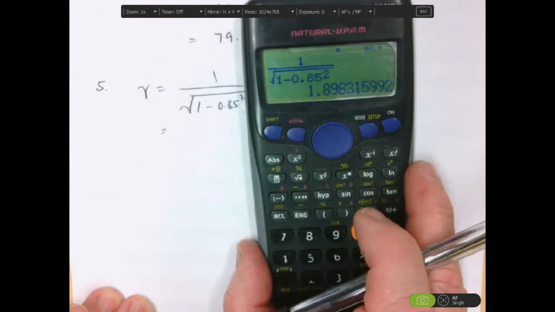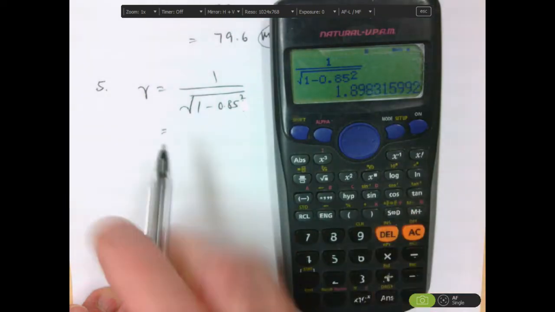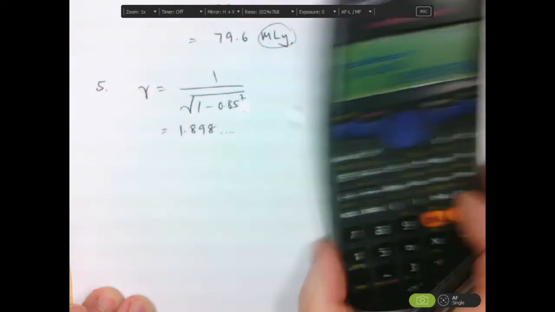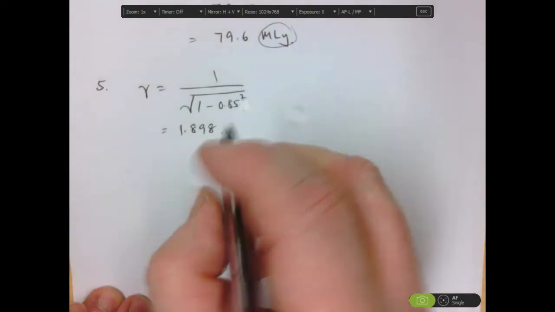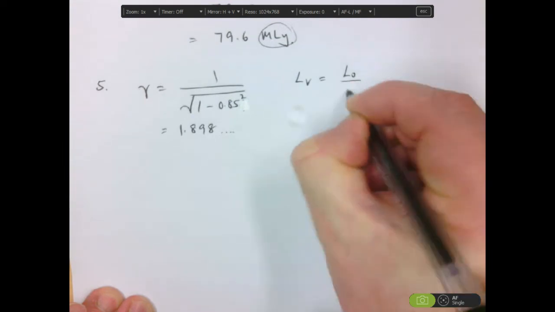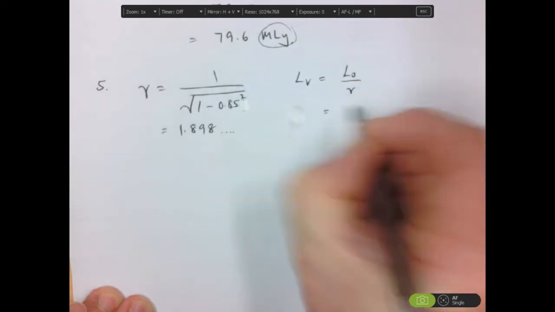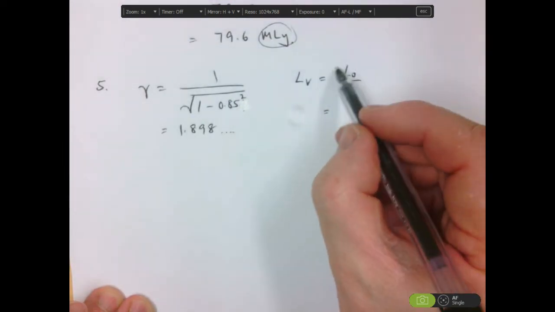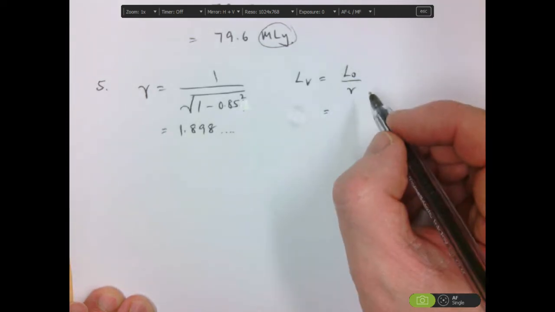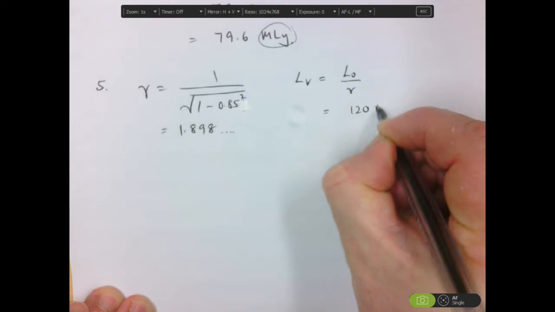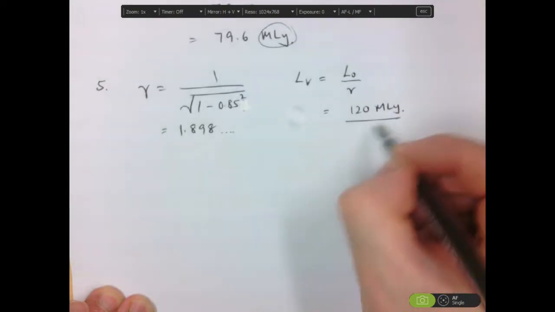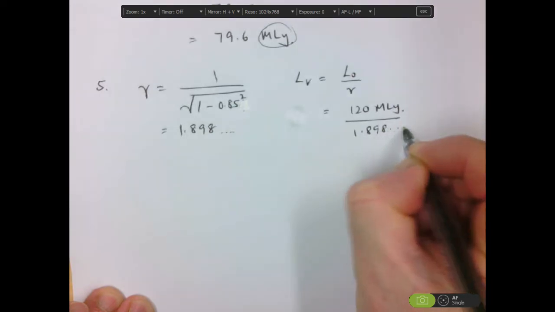So our gamma for this one will be 1.898. And so we're going to use L_v equals L naught on gamma, where the proper length, the length that it should be, is 120 million light years in diameter, dividing by 1.898 and so on.